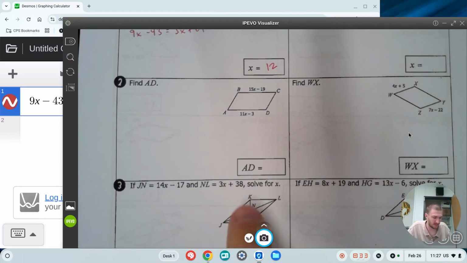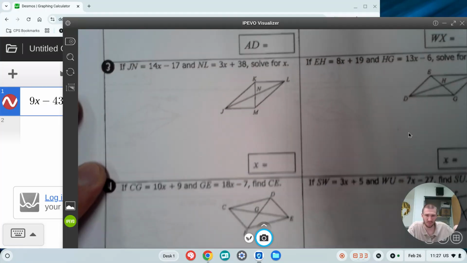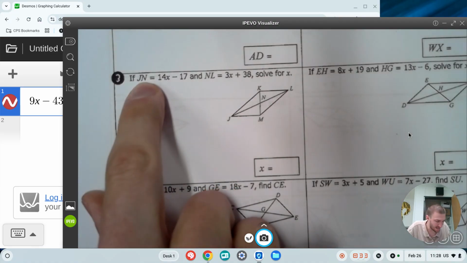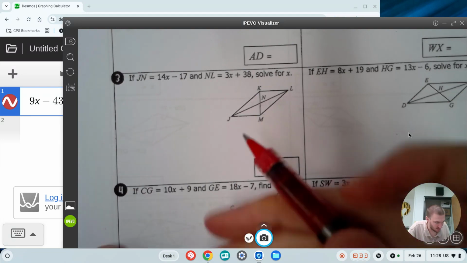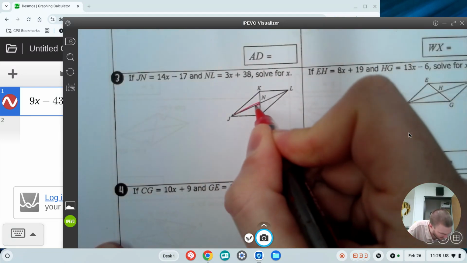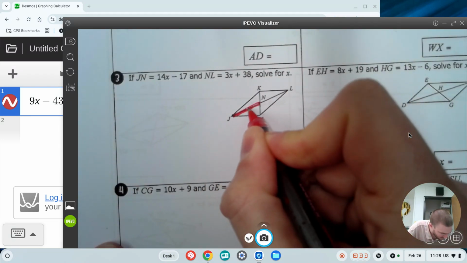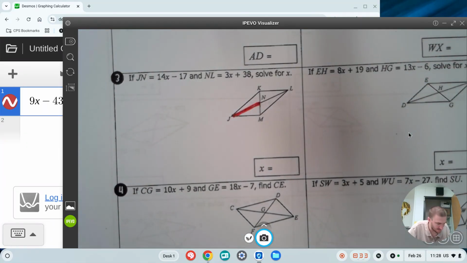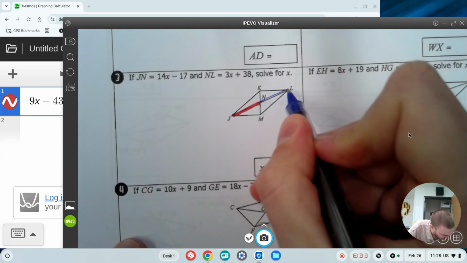So I'm going to look now at question number 3. Question number 3 has the midlines, the diagonals, and this says JN. So JN is this part, and it says that NL is this part.